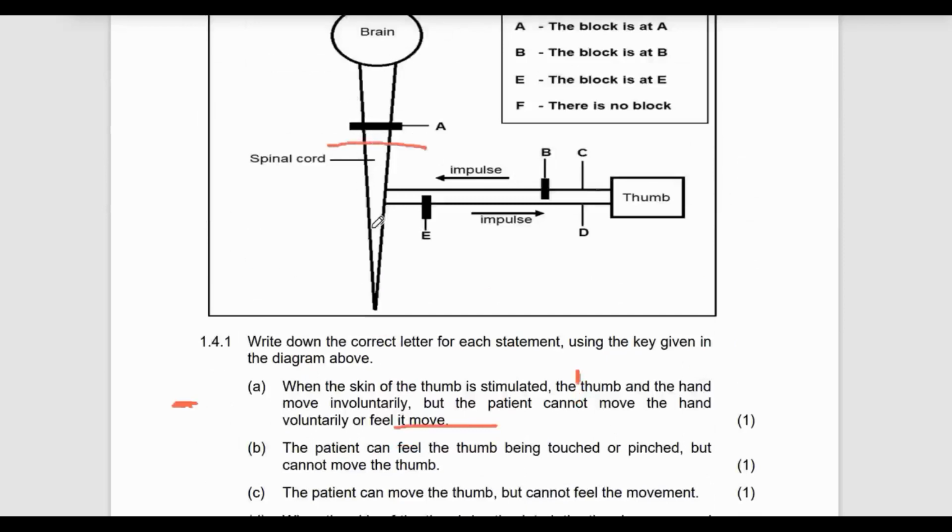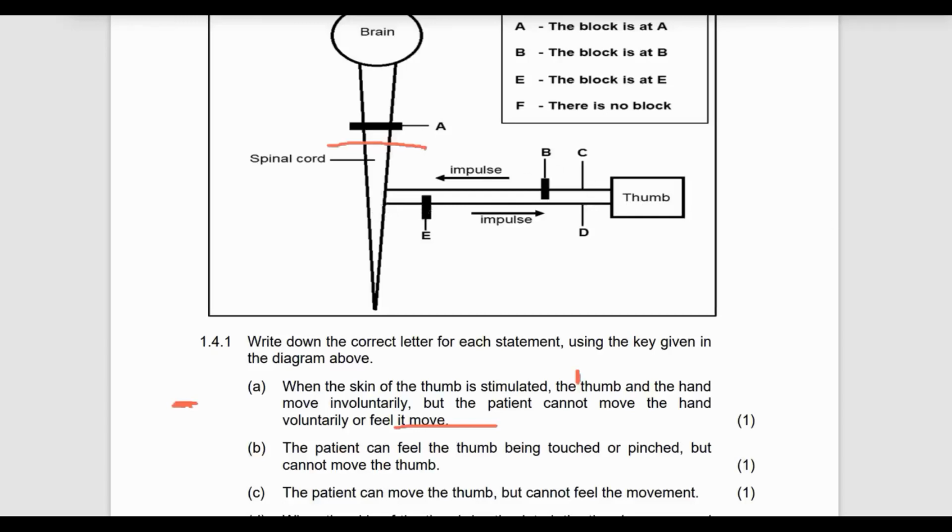The impulses that are being sent go via sensory neurons and are unintegrated messages, and back is your motor neuron, meaning that the neuron that is responsible for taking back the integrated messages from the central nervous system to the effectors is known as the motor neuron, and that's how it goes.